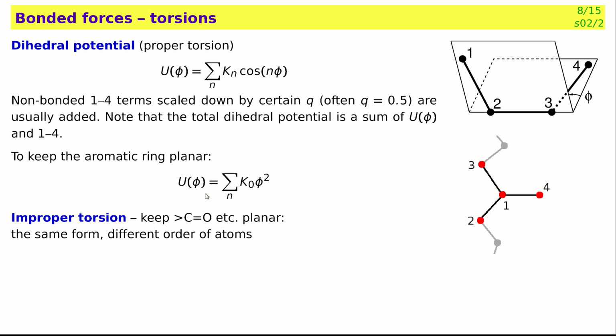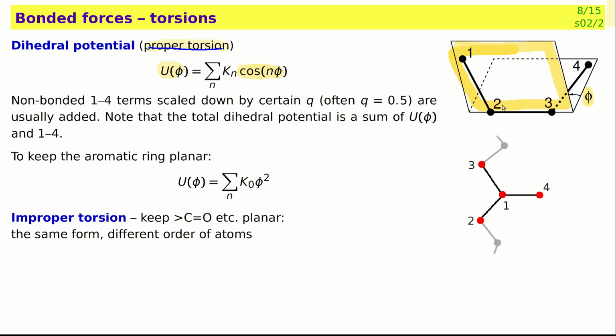Another, more complicated term is the so-called dihedral potential, or so-called proper torsion. It is usually written as a sum of cosines, that is, a Fourier series of such a potential, which is of course periodic, and the angle phi is the angle between two planes.